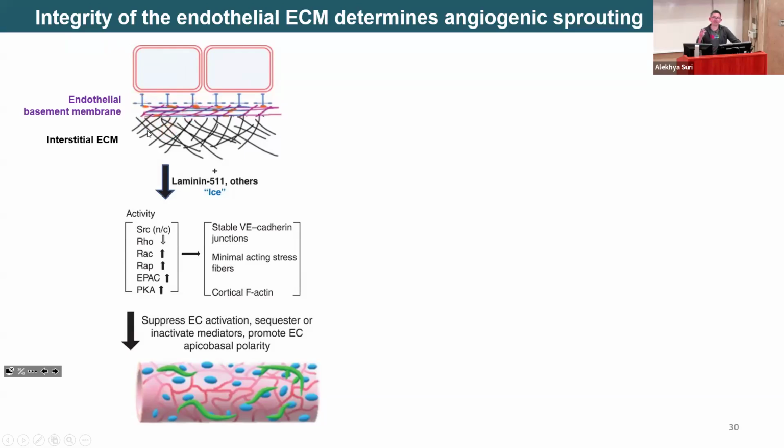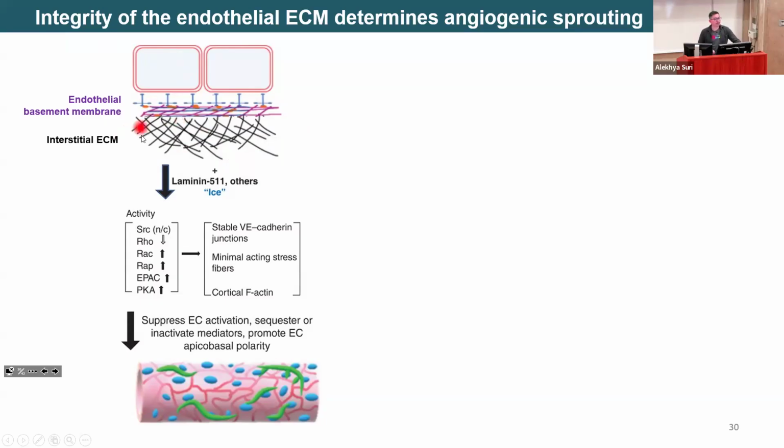So this is sort of the extracellular matrix made by the endothelial cells. And the basement membrane basically attaches to the interstitial extracellular matrix, which is usually made of a lot of collagen. It's made by fibroblasts, by resident fibroblasts in the tissue, and so on and so forth.